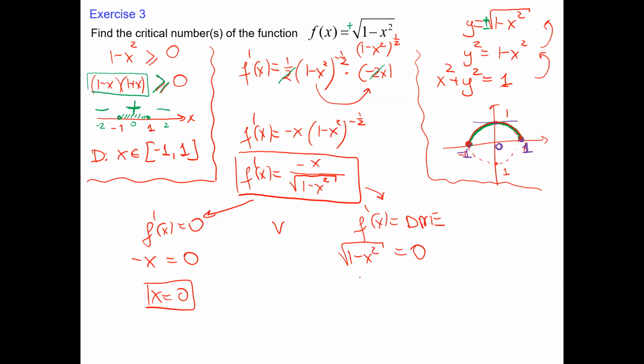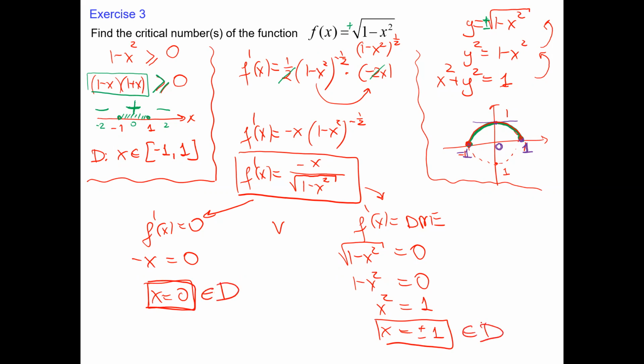The denominator is 0 if this quantity is 0, and this quantity is 0 if x is plus or minus 1. That's what we were expecting, plus or minus 1. All of the numbers belong to the domain. They are critical numbers, 1, -1 and 0.